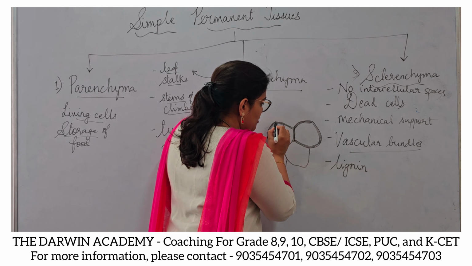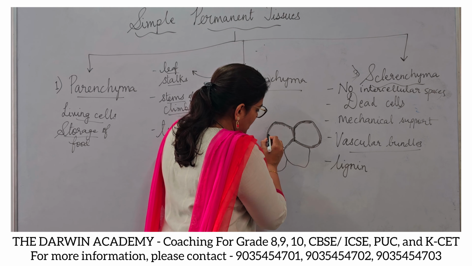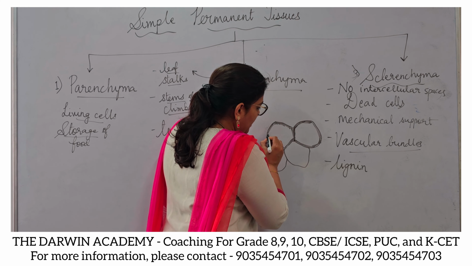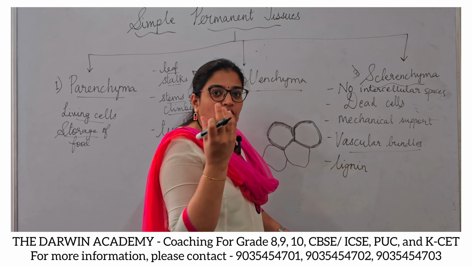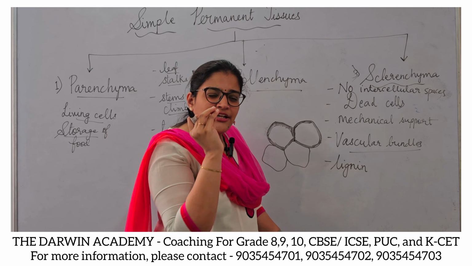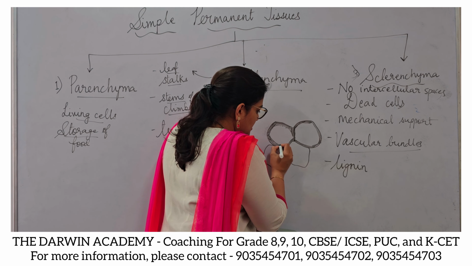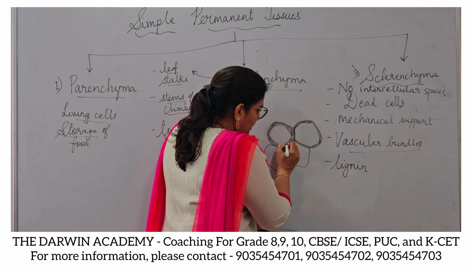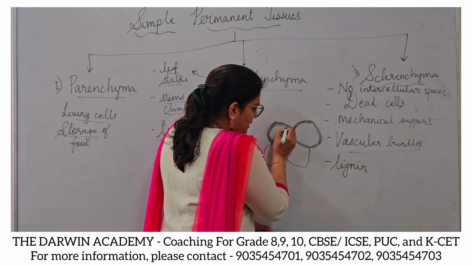You must also remember that this thickening of the cell wall is so intense in sclerenchyma that the lumen of the cell is reduced to a very tiny space. Consider that this entire thing is lignin. Apologize for the shabby diagram.